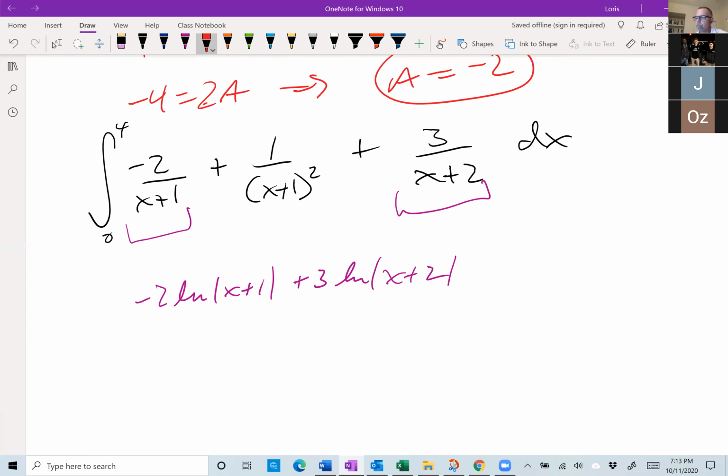So it's u to the negative 1 over negative 1, which is negative 1 over u. And then I'm going to plug x plus 1 back in, so it's negative 1 over x plus 1. These limits of integration only apply to x. Now 0 to 4, and then you plug them in. So let's do that.